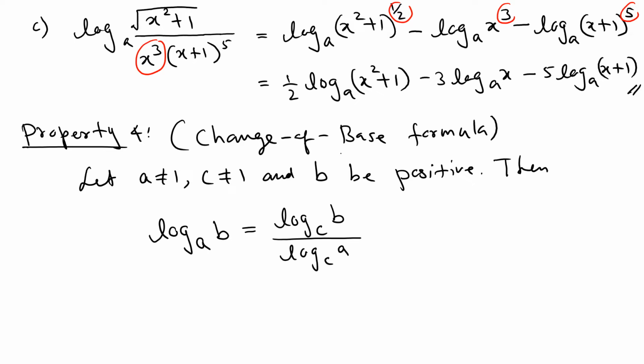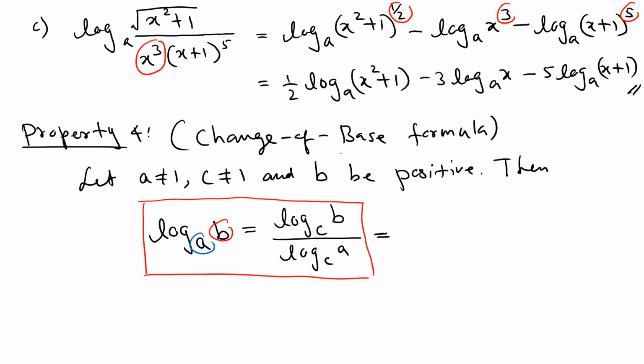So you take the log of B and the log of A, and you divide the two. So this log becomes a fraction or ratio. So be careful. That's a general formula. So C can be any other base.